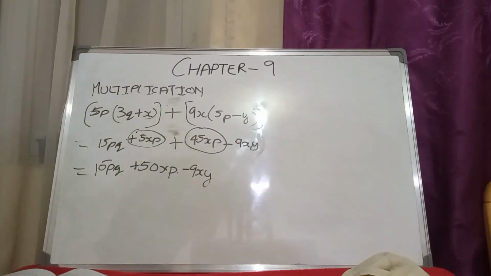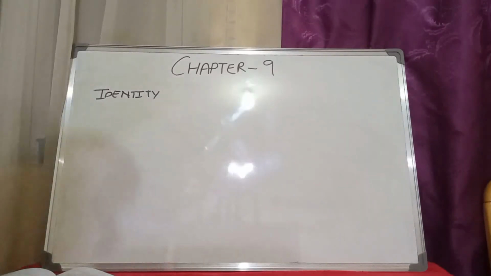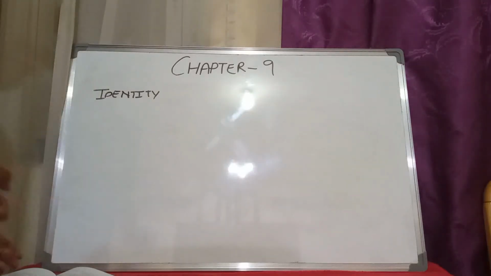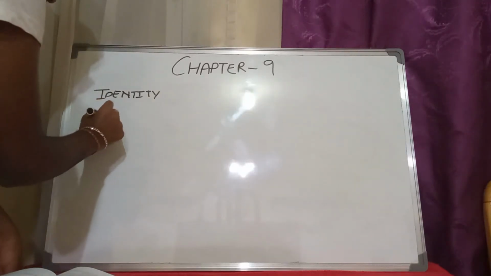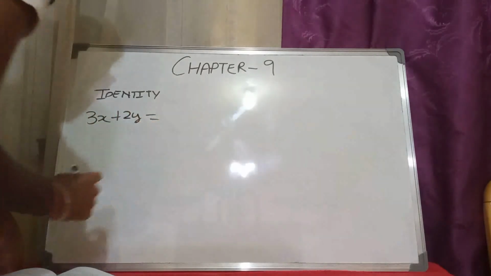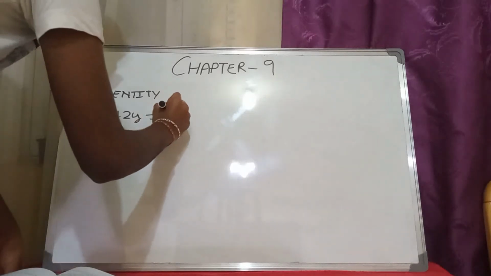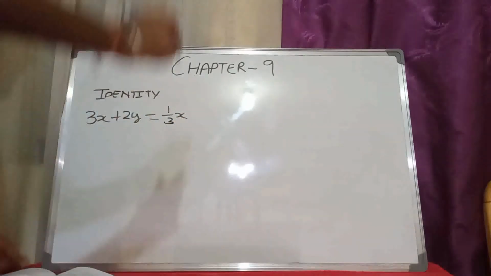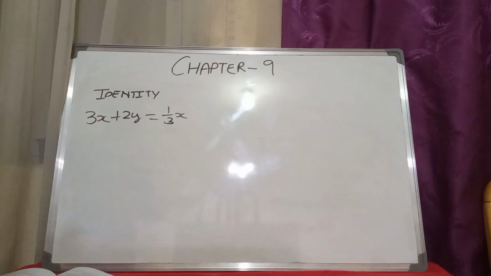Now let us move forward to identities. First we have to understand what is an identity. Take an equation, for example, 3x plus 2y equals 1 by 3x. It's just a simple equation that has been given.